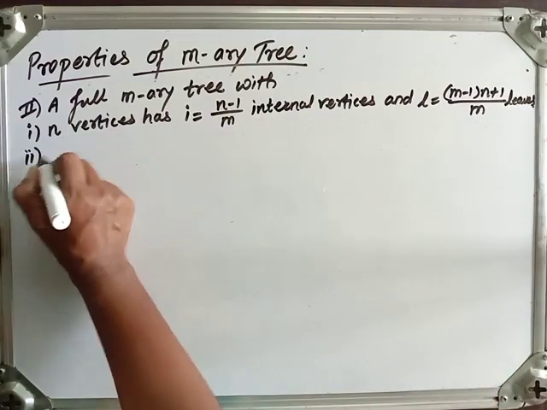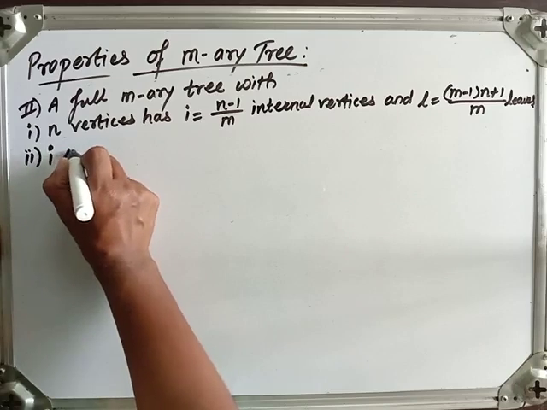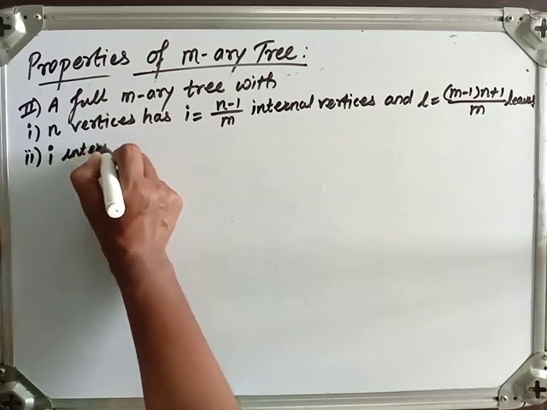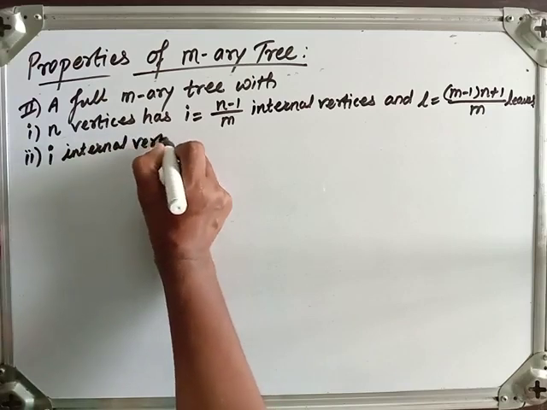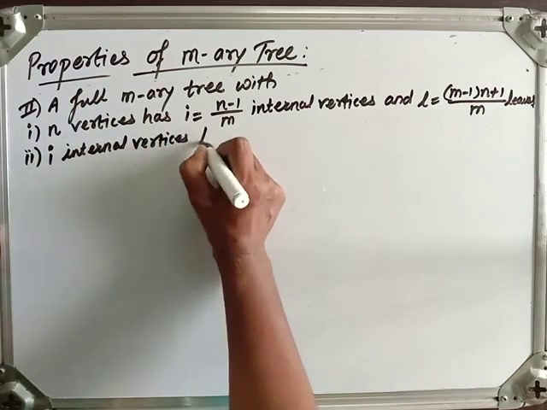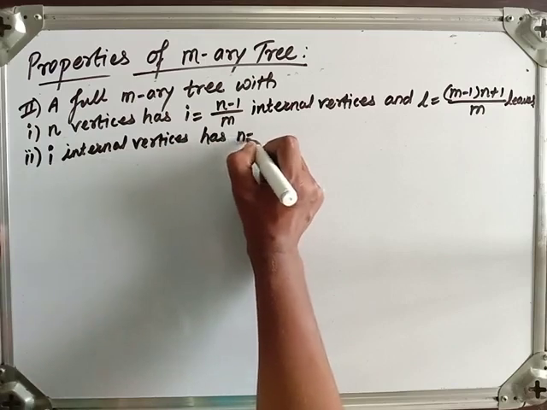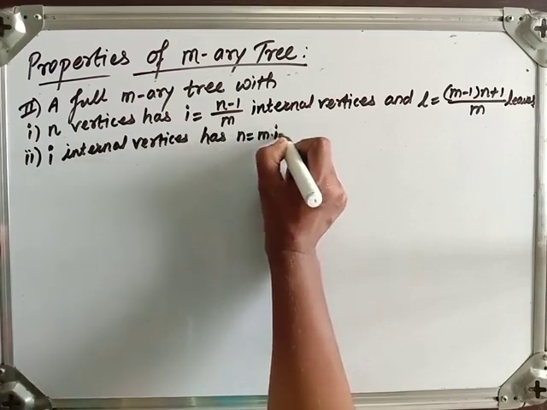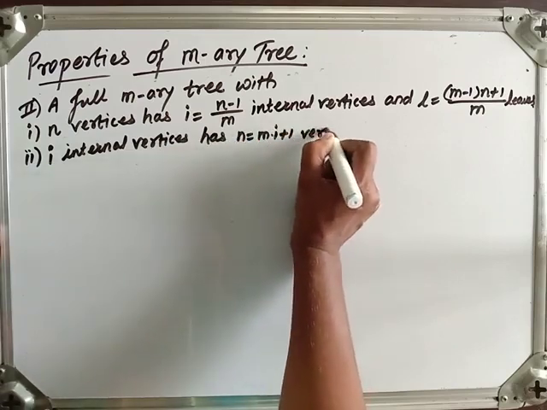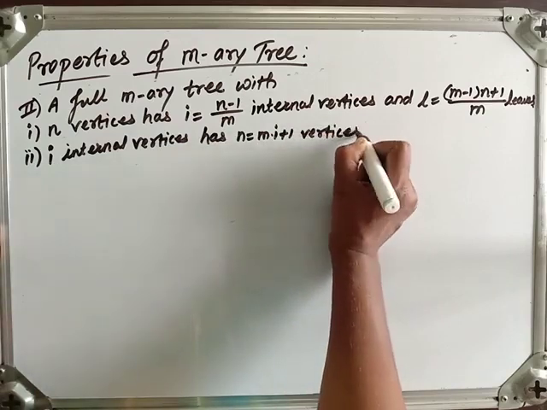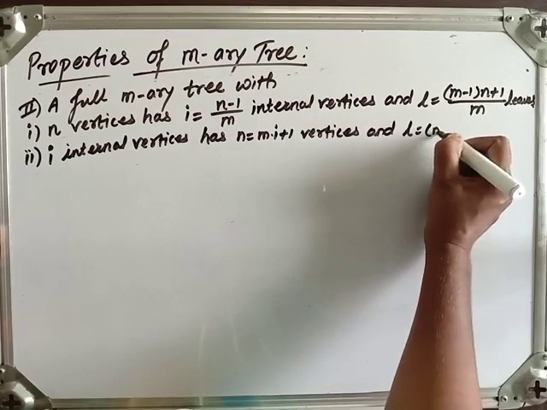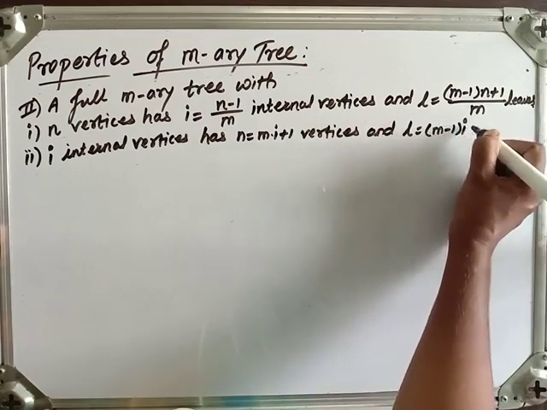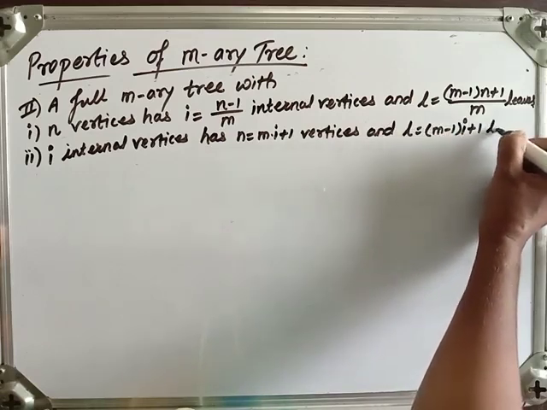Second, I internal vertices has n equal to m into I plus 1 vertices and L equal to m minus 1 times I plus 1 leaves.